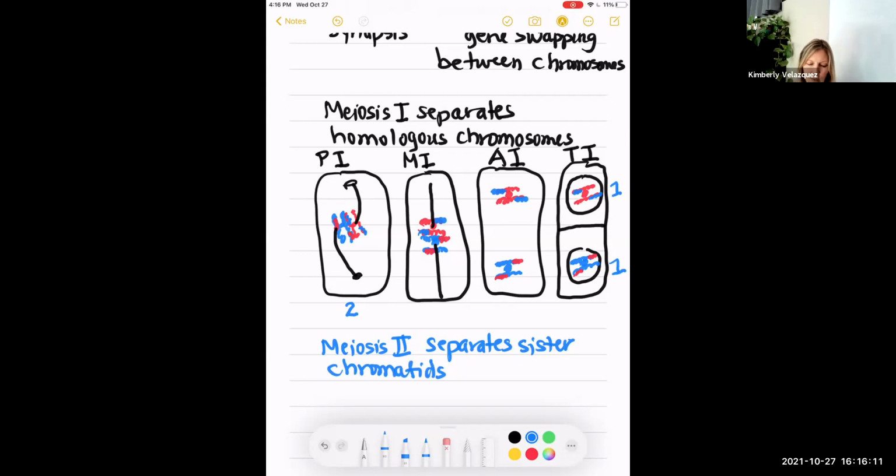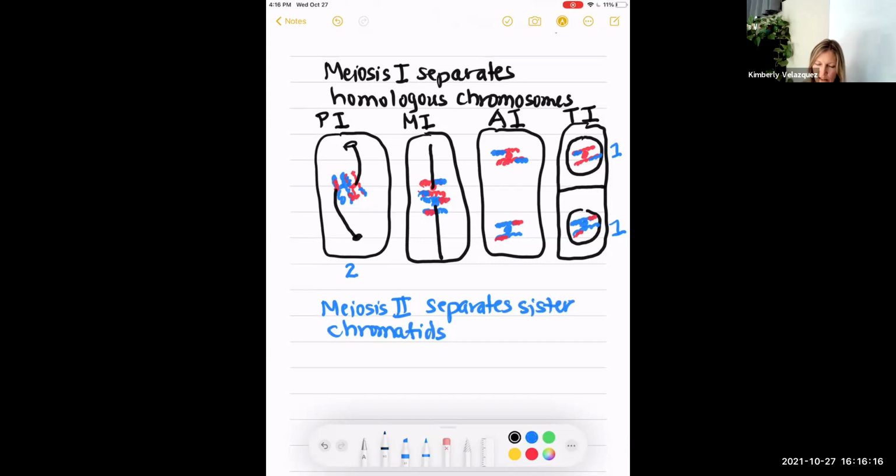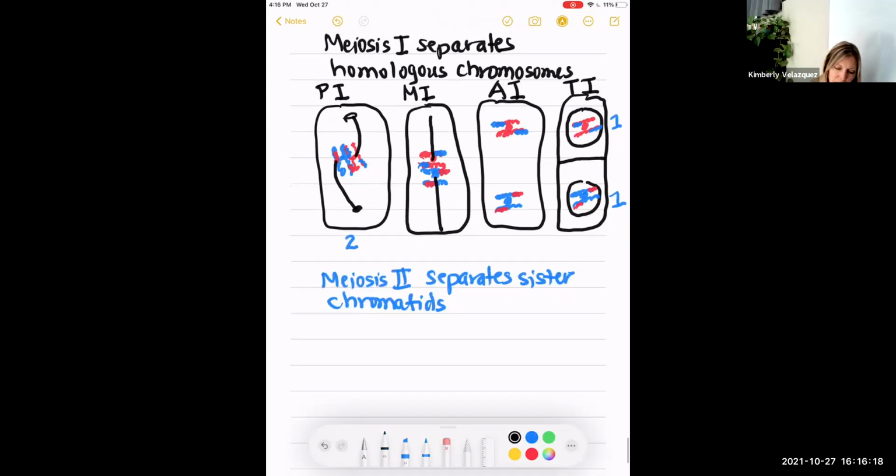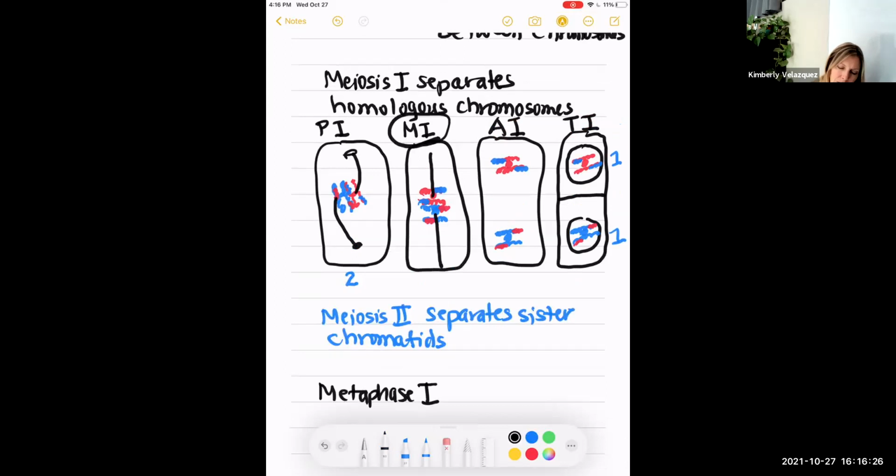Before I show you that, though, I want to point out something really important, and that is there's another way that genetic diversity occurs, and that is during Metaphase 1, right here. The way that pair flip-flops on the metaphase plate, remember metaphase plate is right here in the middle of the cell, it's completely random.